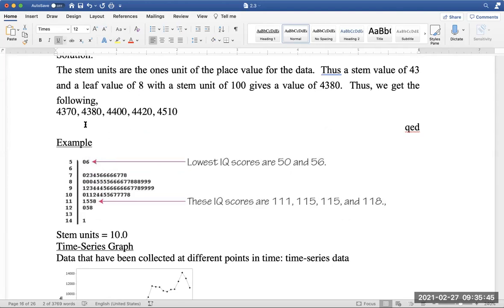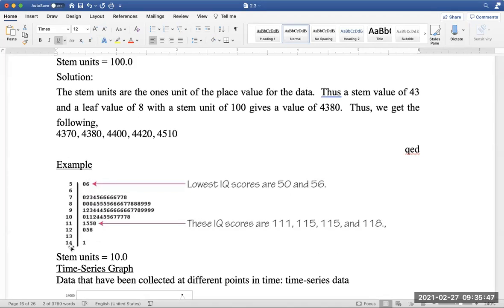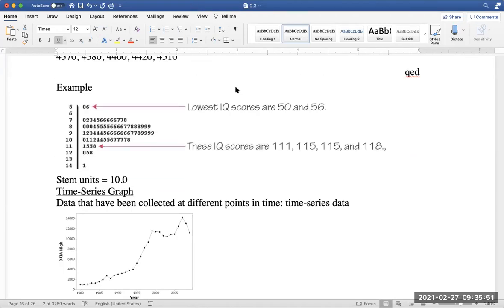If you look at the stem unit, the stem units are the least significant. Look at the least significant value of your stem, so in this case, let's look at the 14.